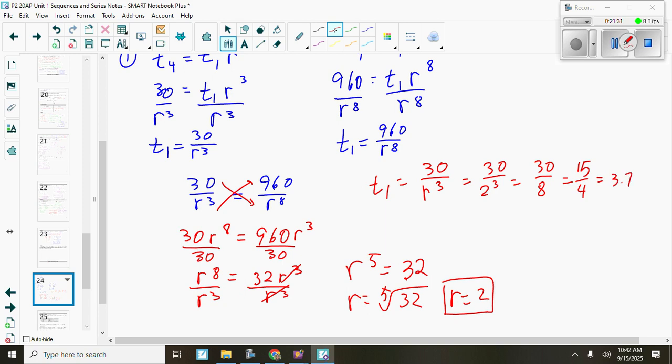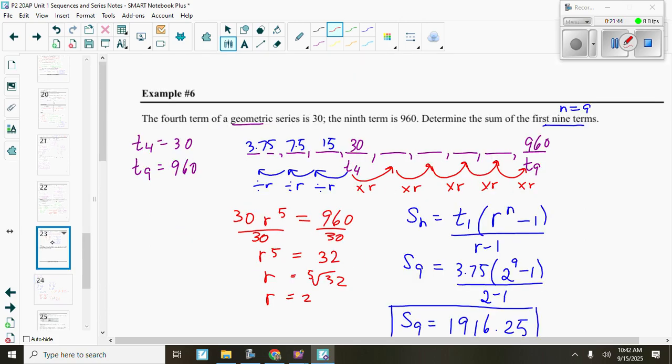But that's where the 3.75 came in. So that's why I did it as an aside rather than in our notes, because I think this makes a whole lot of sense and is a lot more simple.